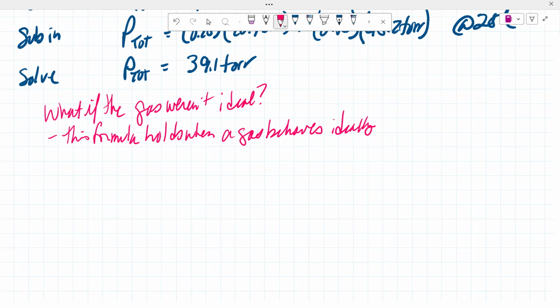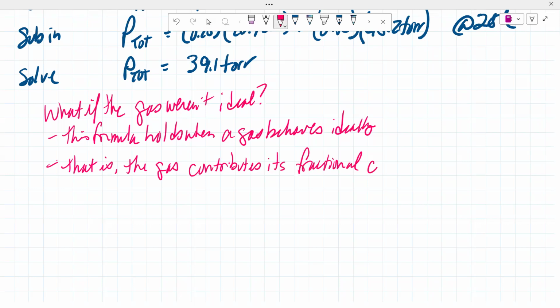So let's capture that thought. That is, the gas contributes its fractional components times its usual pressure. Usual pressure, meaning when it's pressure by itself, when the gas is ideal.